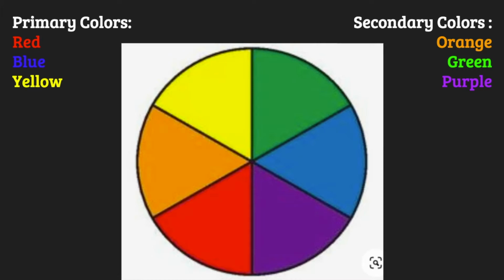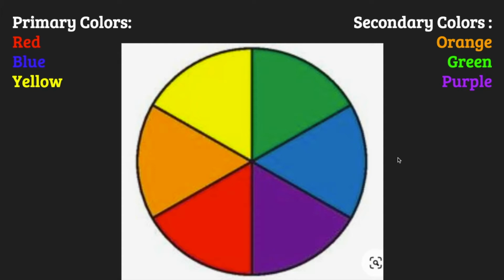What do we know about our orange, our green, and our purple that might make them different from our primary colors? Are there two colors that we can mix together to create orange? What about green? What about purple?